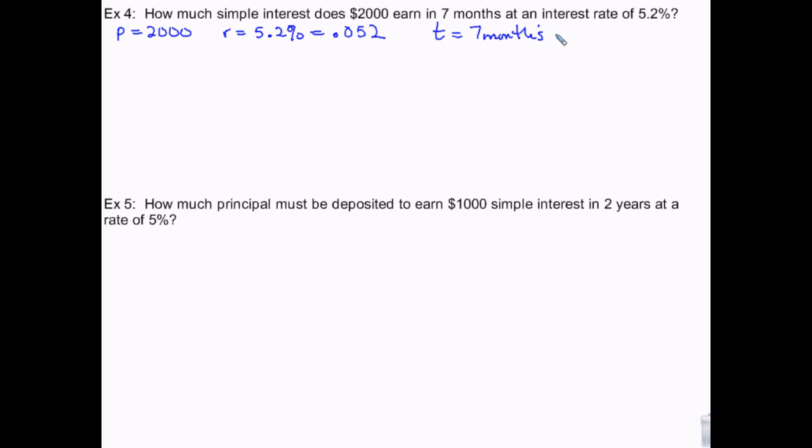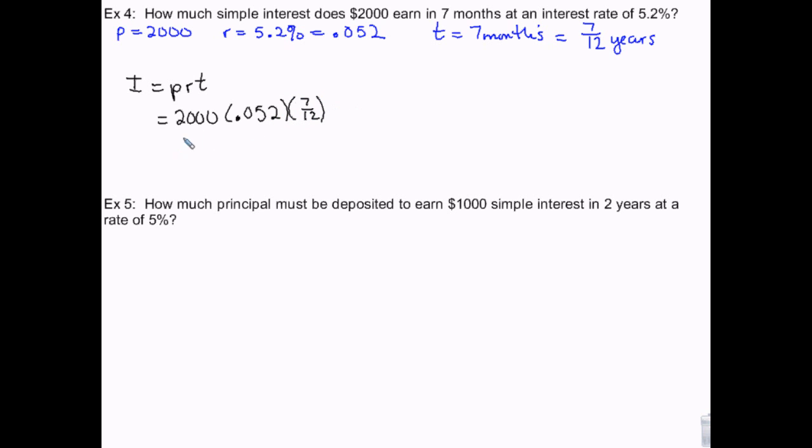Okay, there are 12 months in a year, so we divide the 7 by 12, and that's 7/12 of a year. Okay, so when we do this, the setup is going to be 2,000 times 0.052 times 7/12.